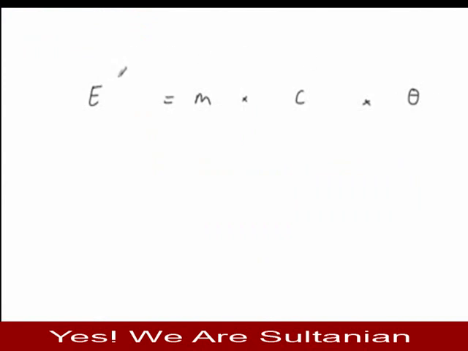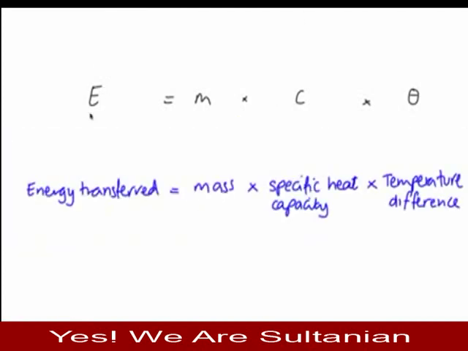Now you need to know what each one of these stands for, so I've just written it out for you underneath. So E stands for energy transferred, m stands for mass, c stands for specific heat capacity, and this theta stands for temperature difference. Now you are actually given this in the exam. There's a formula sheet for the physics paper, and they actually tell you what each of these different things mean. But it's important, in addition to this, that you are clear about the units.